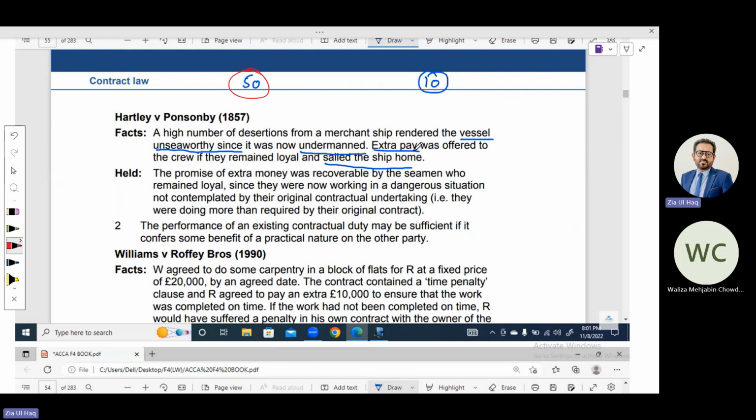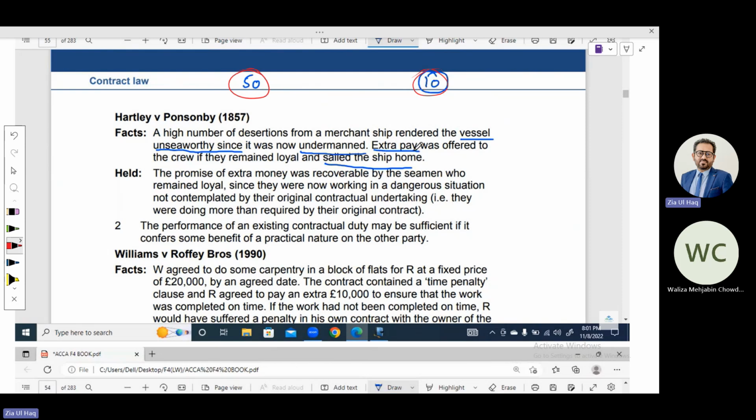But now there are 10 people working on the ship. And if those 10 persons completed the work of 50 persons, this means they have done something extra beyond their contractual duty. Now they can claim something extra because they have performed something beyond. They have exceeded their contractual duty.